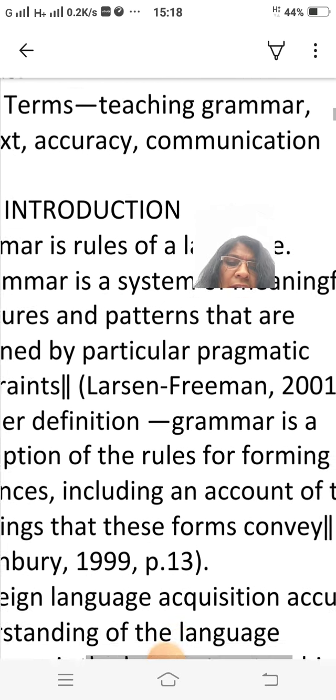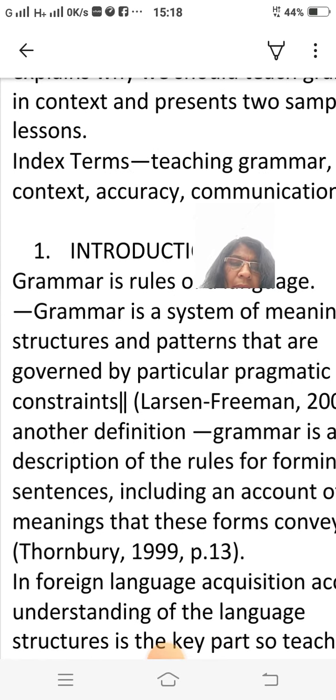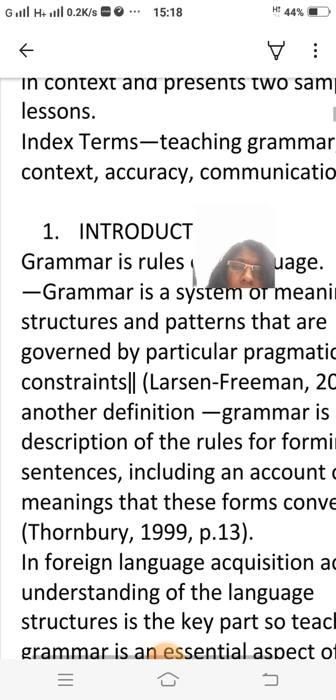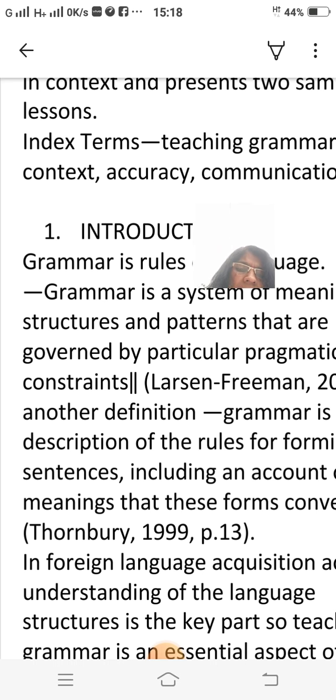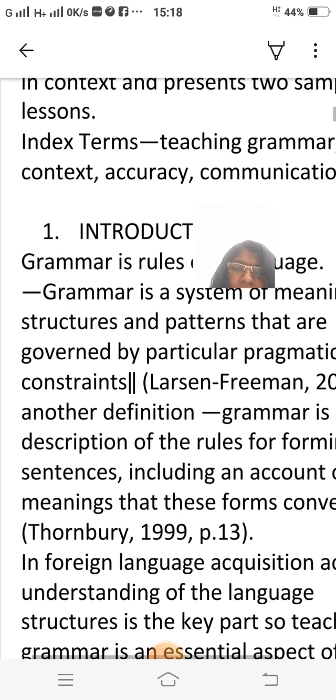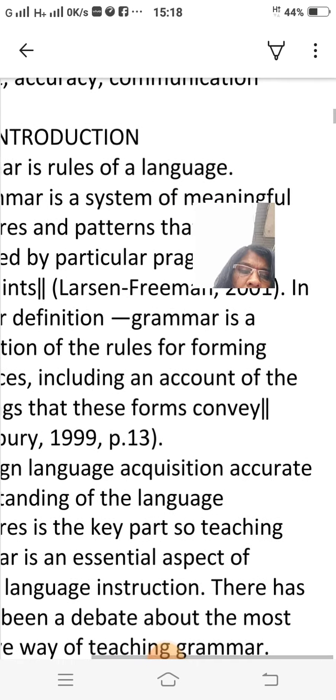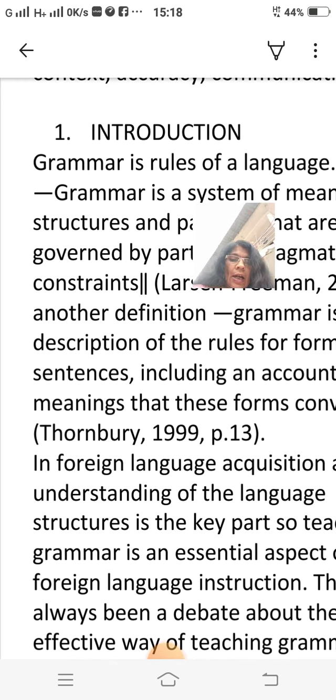In another definition, grammar is a description of the rules for forming sentences, including an account of the meanings that these forms convey. In foreign language, accurate understanding of the language structures is the key part.